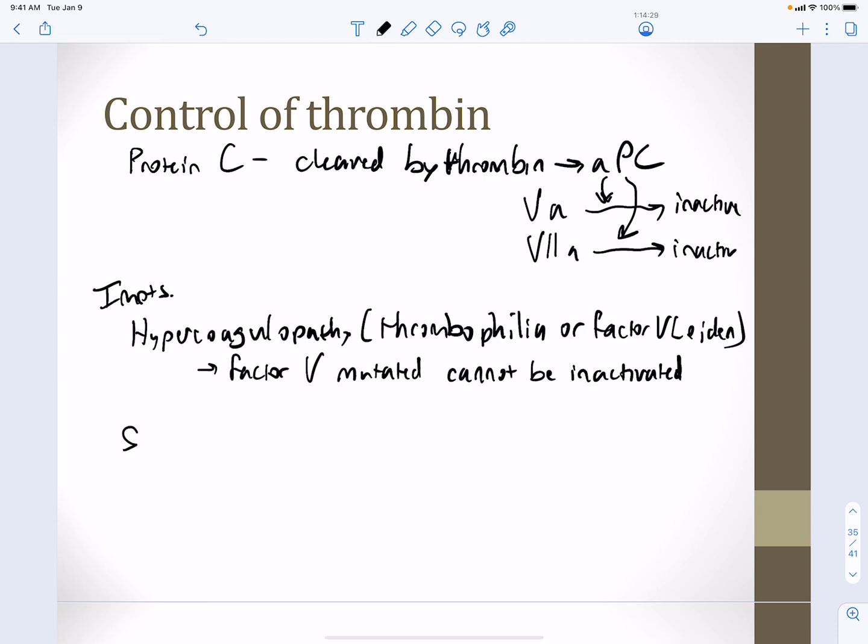It's also important in sepsis, where your whole body is involved in an inflammatory response, so overactive inflammation. And the cells in your immune system have receptors for active protein C. And so your active protein C can inhibit synthesis and release of pro-inflammatory cytokines.